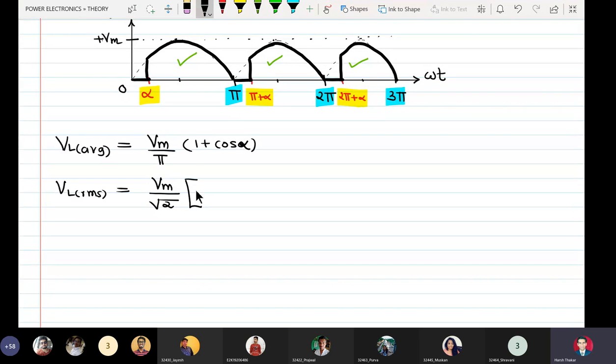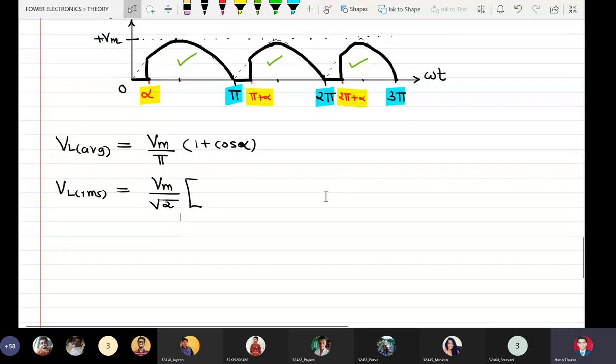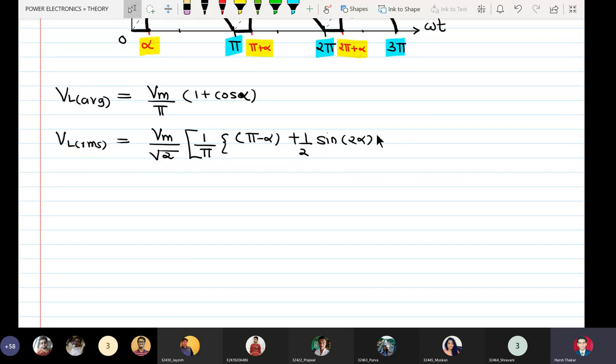So we will come to know by how many times the average content and RMS content have multiplied when we shift from a half wave system to a full wave system. Otherwise, the inside bracket continues to remain the same: pi minus alpha plus 1 upon 2 sine 2 alpha, whole under root.